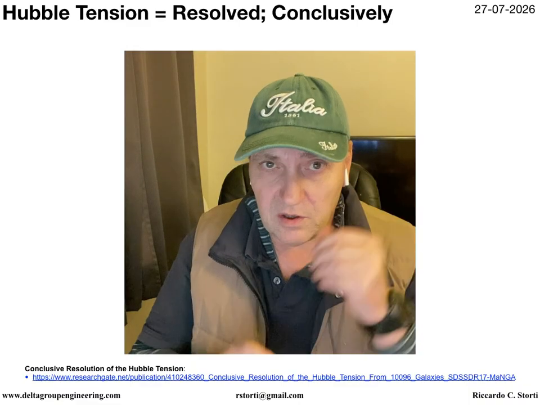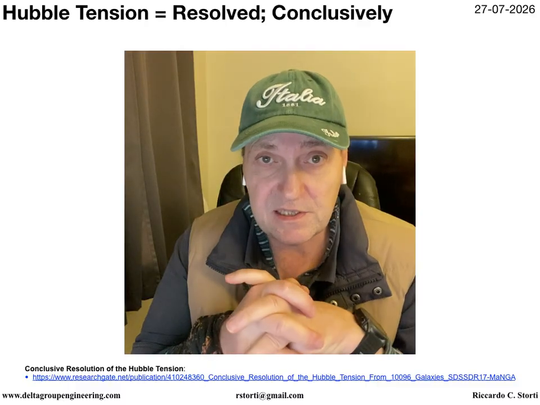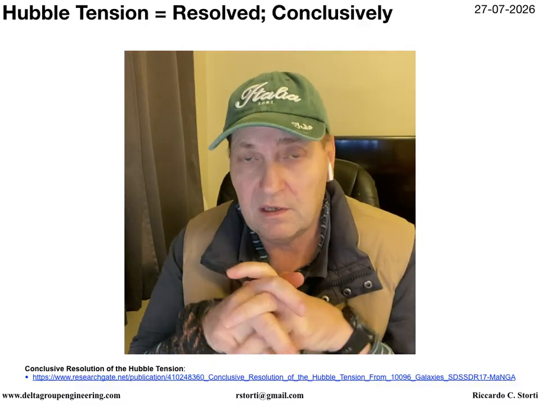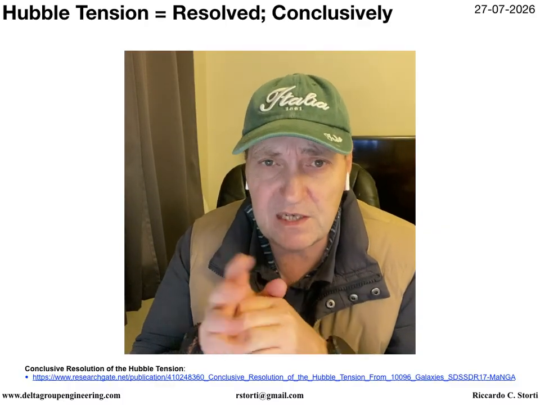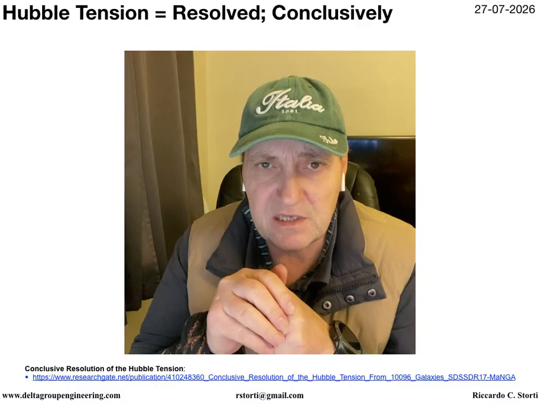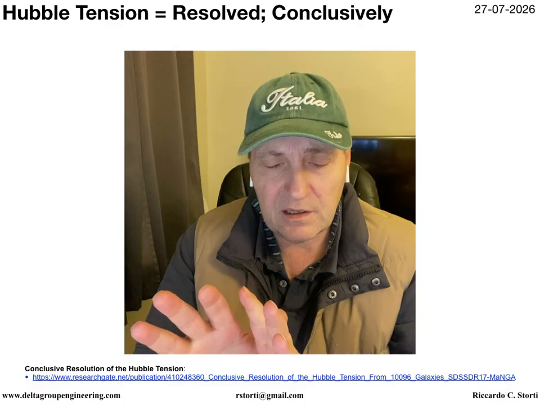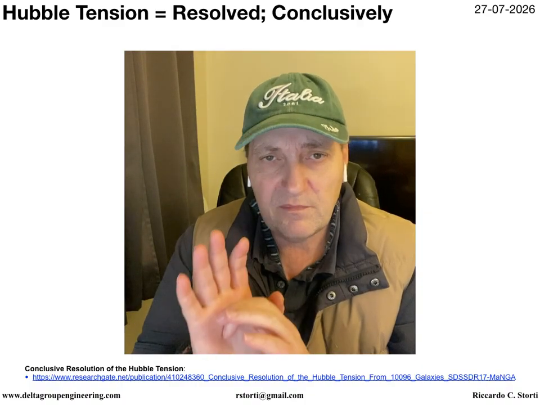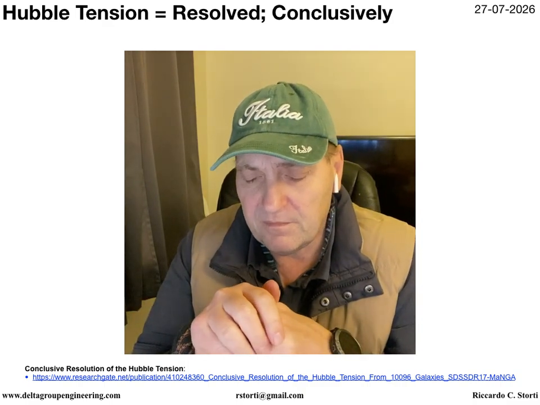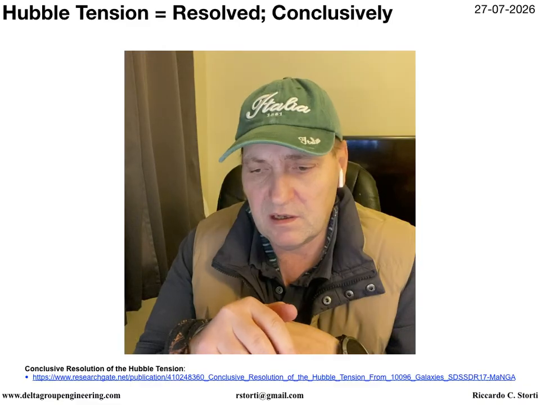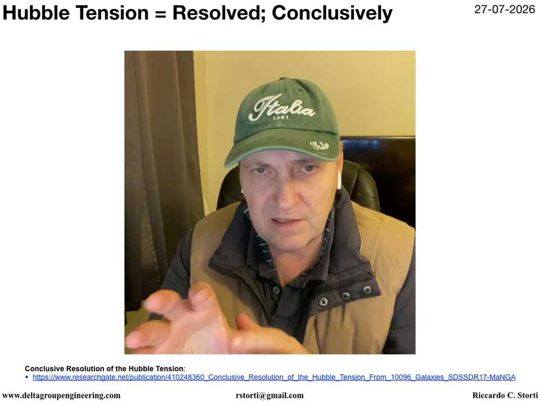Now, because I felt that 10,096 galaxies wasn't enough, I went to another database which had over 15,000 galaxies in it, not with the same precision that the MaNGA database had, but still very, very useful. I took out what I believe to be incorrect data.